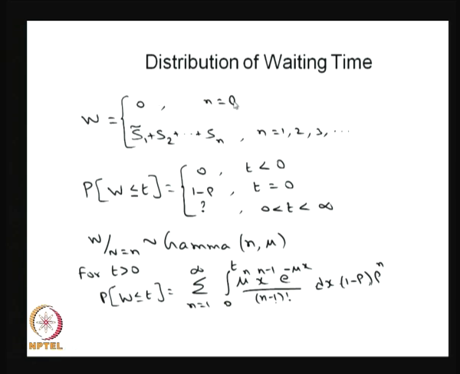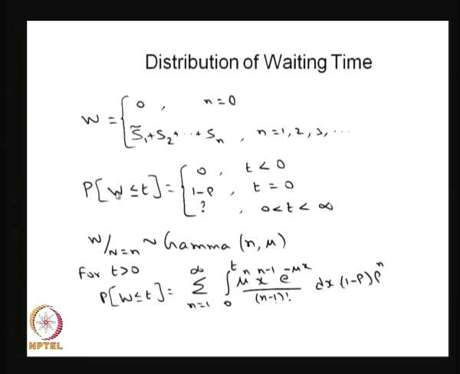Whenever the system is empty, the waiting time is 0. Therefore, W is a random variable that either takes the value 0 or a value greater than 0, based on the service times of the n people ahead of you. Therefore, W is a mixed random variable, which has a probability mass at 0 as well as a density function on the interval 0 to infinity.